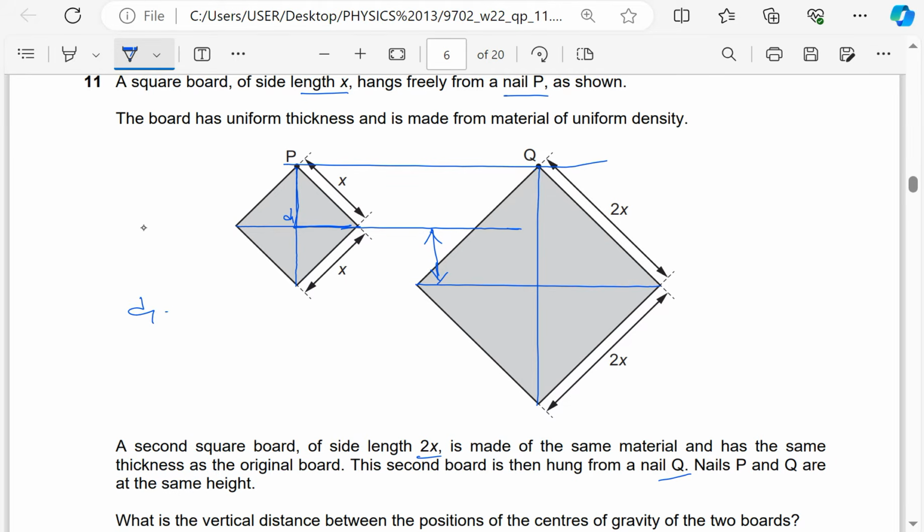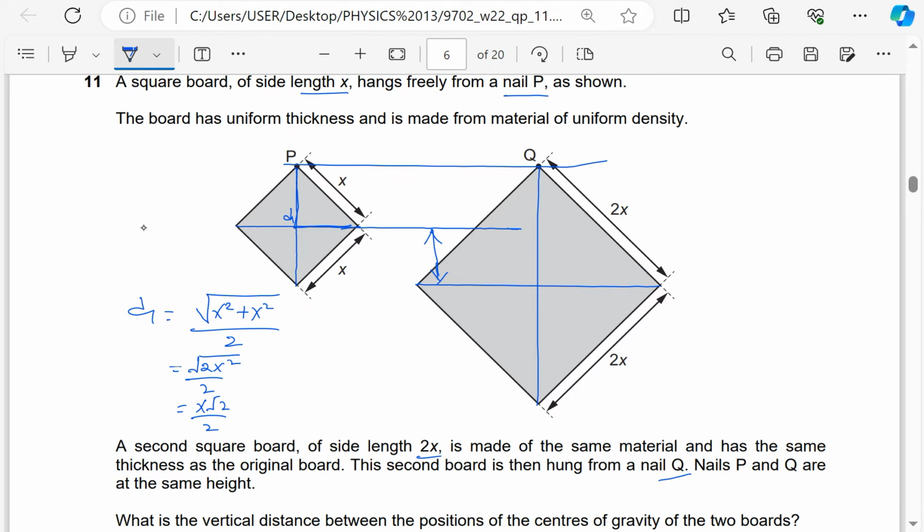So D1 is going to be x squared plus x squared under the square root, divided by 2. So this is going to be twice x squared under square root divided by 2, which will be x root of 2 divided by 2.